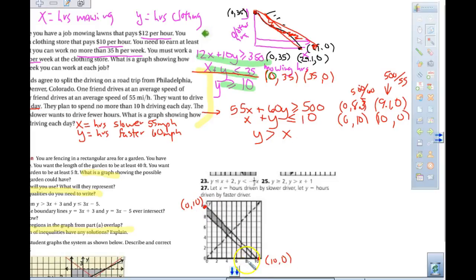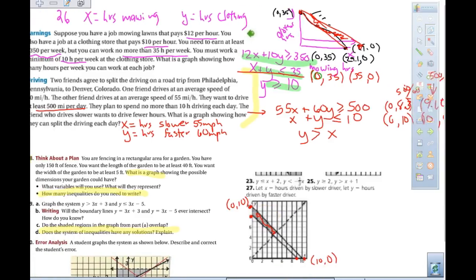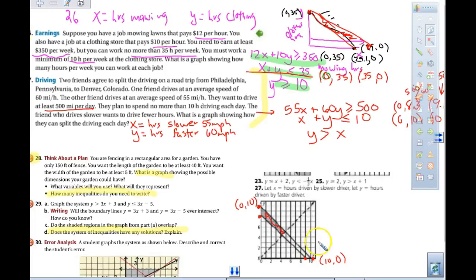If we were looking at that, it had to be less than that. Here was my 8.3. So I want to make those 2 points and draw the line. And then the y is greater than x, so it was this shaded region all the way between. Okay? Does that make a little better sense when you think about that question?